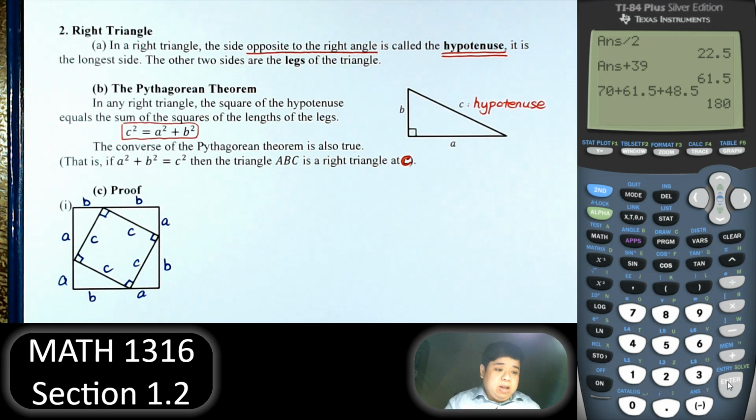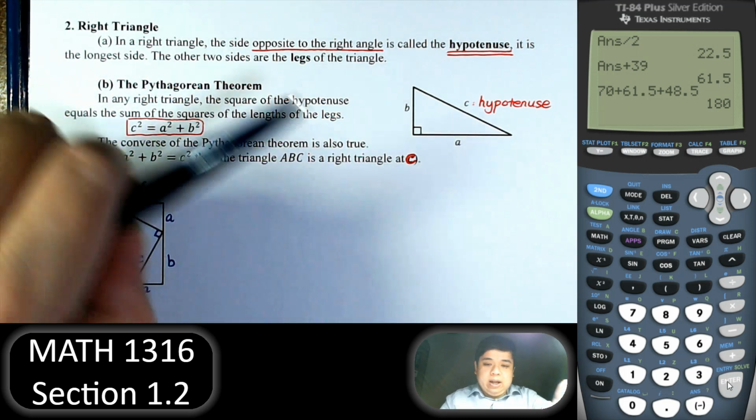Now let's find the area of the big square.